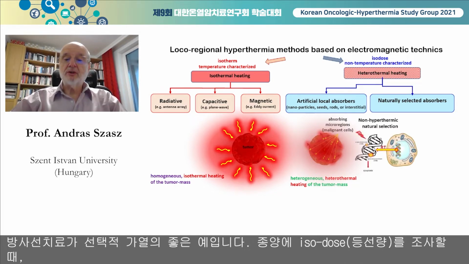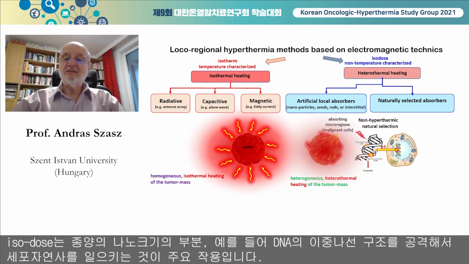A good example is radiotherapy, where we have an isodose around the target, really focused on the tumor, but the isodose attacks the very nanoscopic parts, the double strands of the DNA. This is the main point to cause apoptosis.